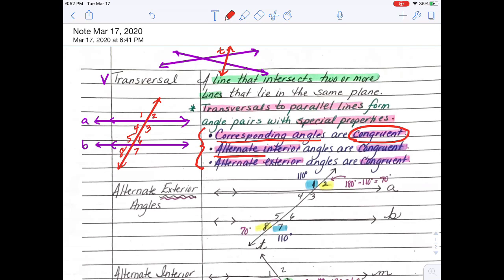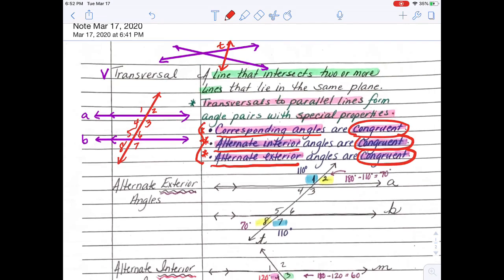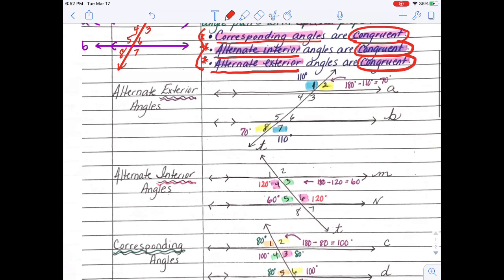Any alternate interior angles will be congruent, equal. And every alternate exterior angle is also congruent. Now, those are 3 weird things that we haven't ever heard before, but we're going to talk about those right now as quickly as we can.